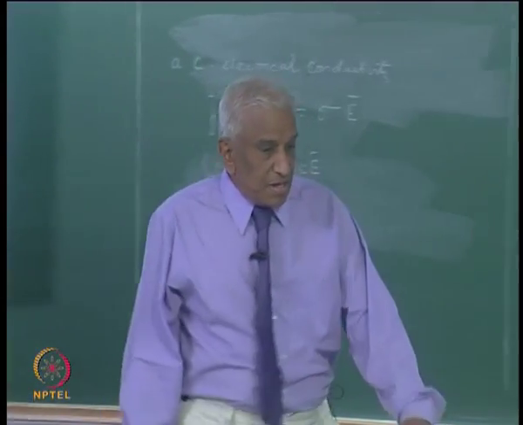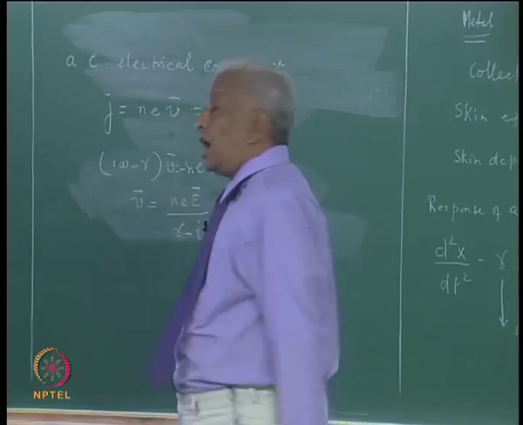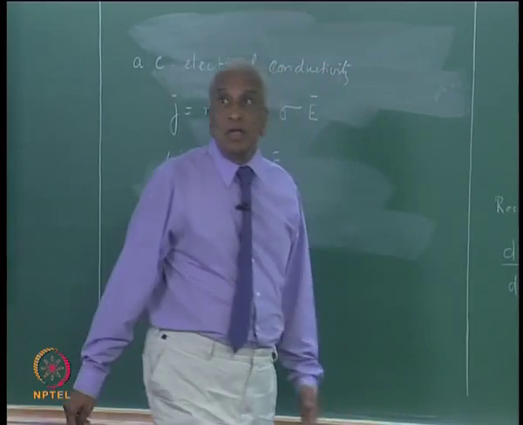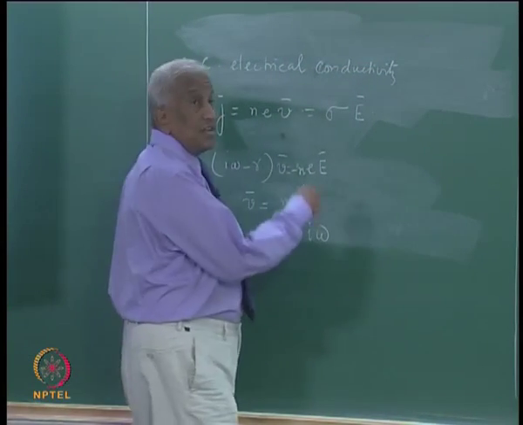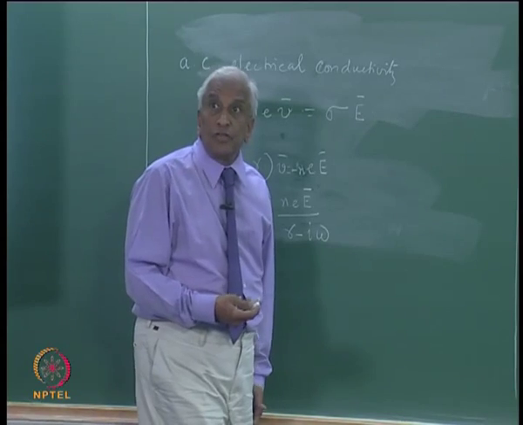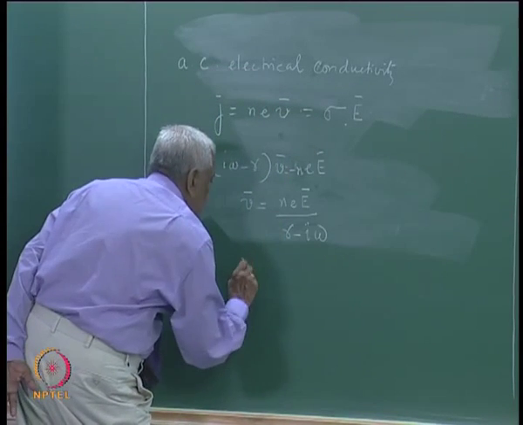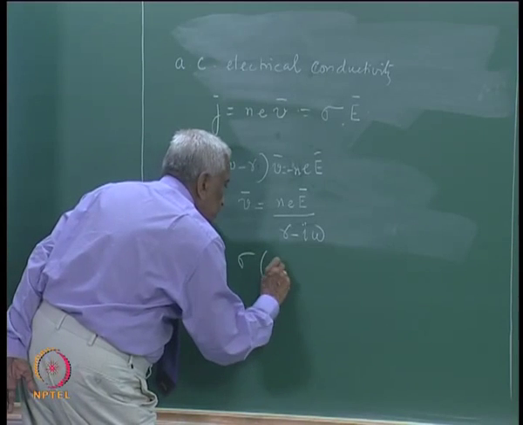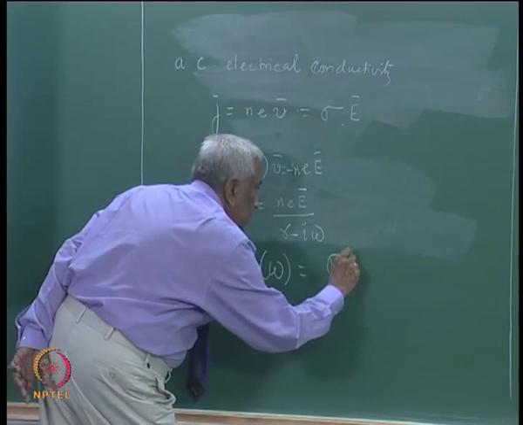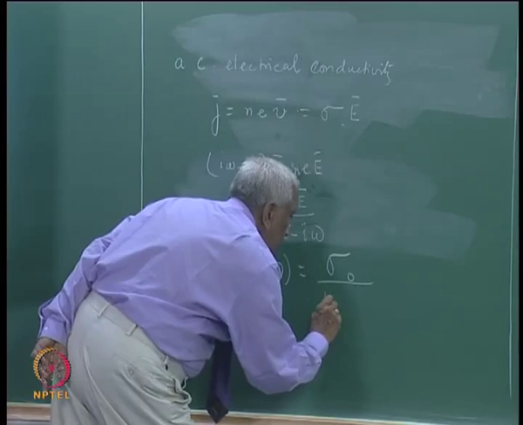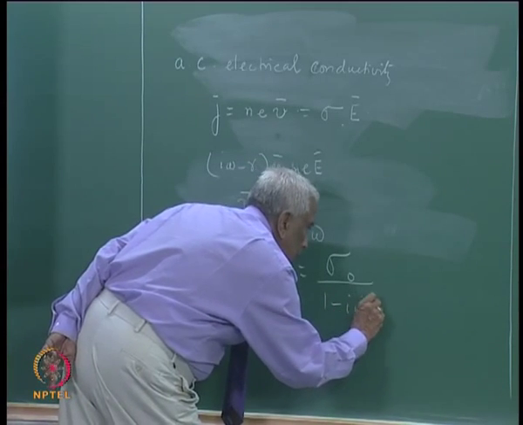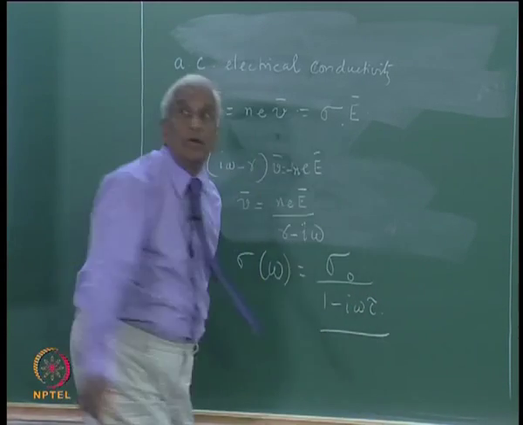This can be rewritten because we know that gamma is 1 by tau. We remember tau is the relaxation time for conduction of electrons. Using this, we can write sigma, the frequency dependent conductivity, as sigma naught by 1 minus i omega tau.